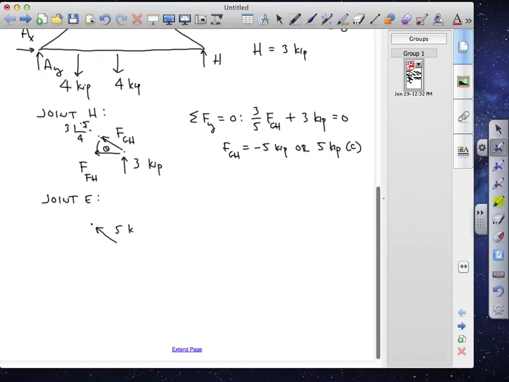I'm showing this compressing the joint or pushing into the joint because the member is in compression. And DE will look like this. And I'm going to take advantage of the fact that I know my other member CE has got to offset the horizontal component of that 5-kip load, so I'm going to draw that in compression as well. So here we have F_CE. And again, that's also making a 3, 4, 5 triangle here.